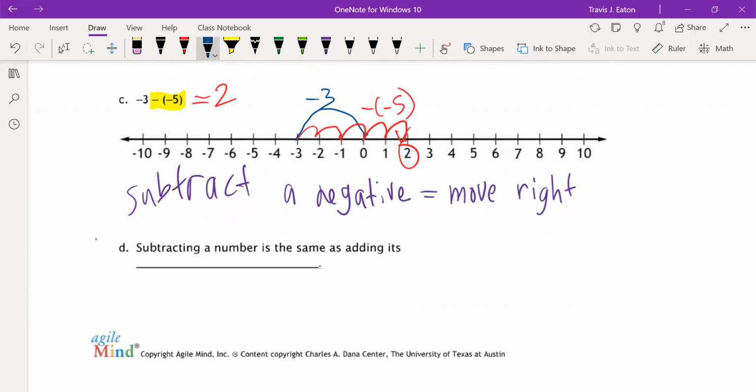Well, remember, when we subtract a positive, so let's say we have 7 minus 4, that's the same thing as 7 plus negative 4. You're moving the same way on the number line. When you add a negative, you're moving to the left. When you subtract a positive, you're moving to the left. Now these both equal 3.